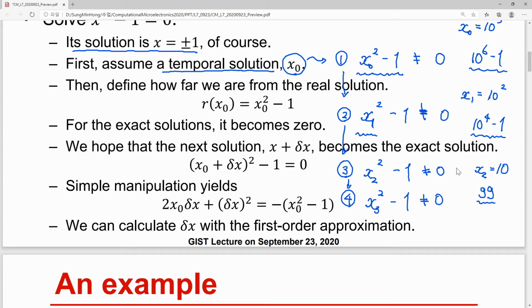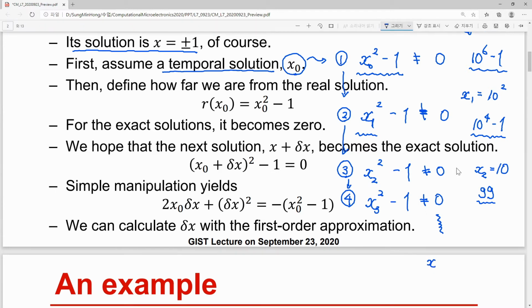For example, after a certain iteration, after 100 iterations, now you have 1 plus just a small number epsilon. Oh, epsilon can be a very small number.